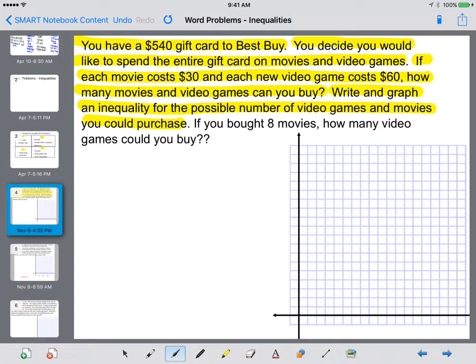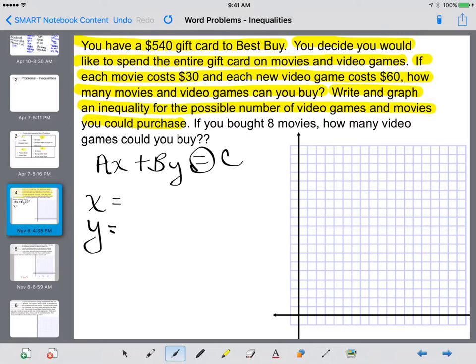With each of these inequality word problems, we're going to write an inequality in the standard form, where instead of an equal sign, it's an inequality. So we're going to use one of our 4 inequality symbols instead of an equal sign. The first thing we should establish is, well, what's going to be our x?